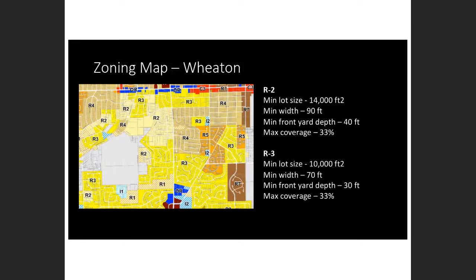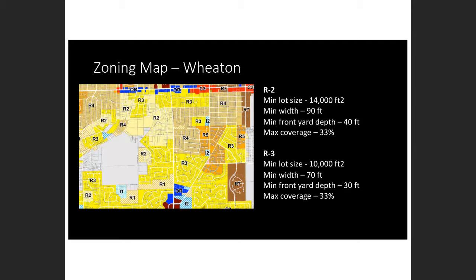Again, here's another example. I actually use this example. In the fall, I normally teach ARC 110, which is Sustainability 1. So in that class, we talk about density and development and preventing sprawl. So I use the zoning map for Wheaton, which is a city that's a little further out from Oak Park, to show that out in Wheaton, generally speaking, minimum lot sizes are a lot larger and lot widths are a lot greater.